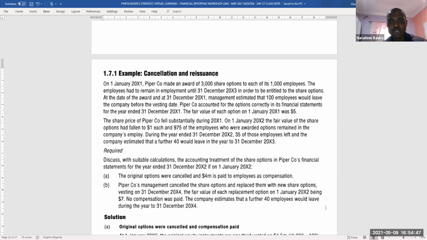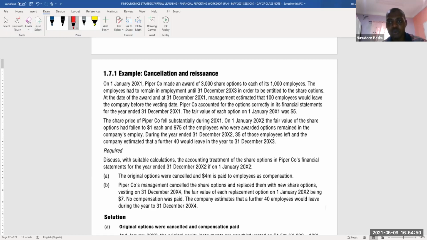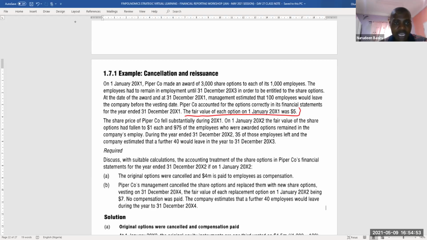The fair value of the option on 1st January 20x1 was $5. The share price of Piper Co fell substantially during 20x1. On 1st January 20x2, the fair value of the share option had fallen to $1 each, and 975 of the employees who were awarded options remained in the company's employ. During the year ended 31st December 20x2, 35 of those employees left, and the company estimated that a further 40 would leave in the year to 31st December 20x3.